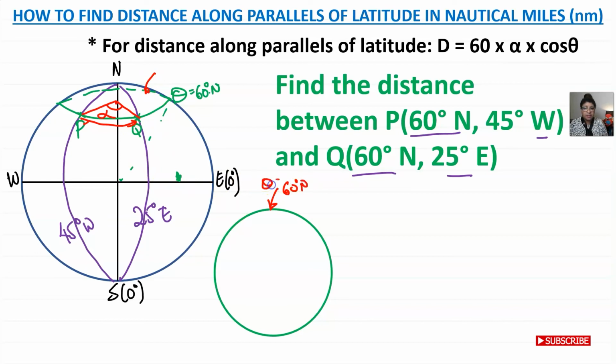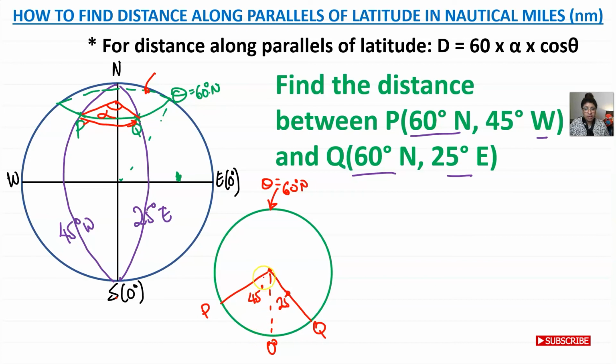So that's my theta. If I've got my point over here, that's my center, and then I've got my prime meridian here at 0 degrees, and then I've got point P, which is over here, 45 degrees west, and then point Q is 25 degrees east.